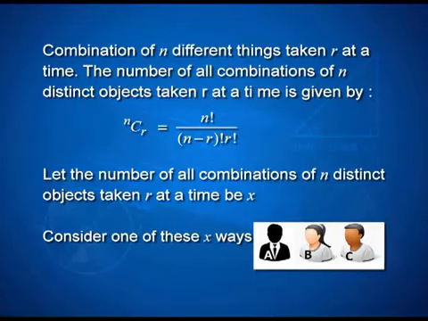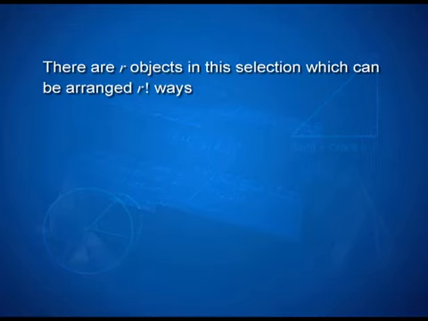Suppose I assume that the number of combinations of n distinct objects taken r at a time to be x. Now, in one of these x ways, I am looking at r objects. So, as in our previous example, one of the selections of 3 out of 4 could have been A, B and C. In this selection, one of these x ways, there could be r objects which can be permuted in r factorial ways. So, with your A, B and C, as in our previous example, there could have been 3 factorial permutations.